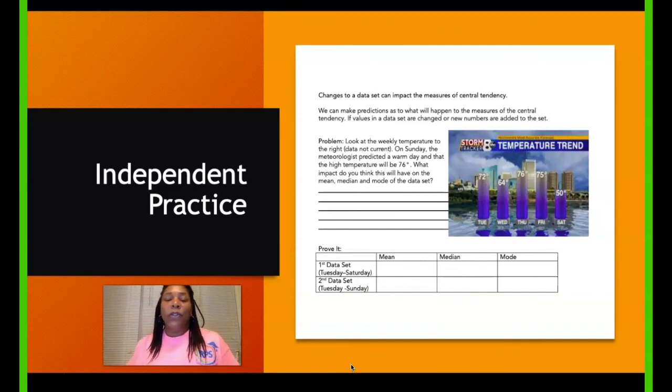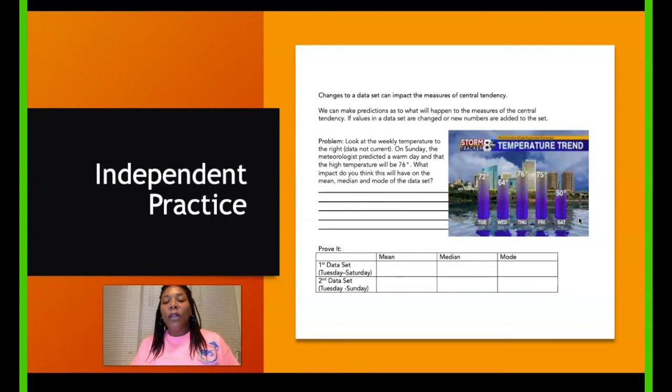First thing I want you to do is find, just like it says, our first set of data, which is Tuesday through Saturday, and find your central tendency on your data based on those days. We're going to focus mainly on the mean, but you can go ahead and find your median and your mode because that should be fairly simple from what we did on the previous day.